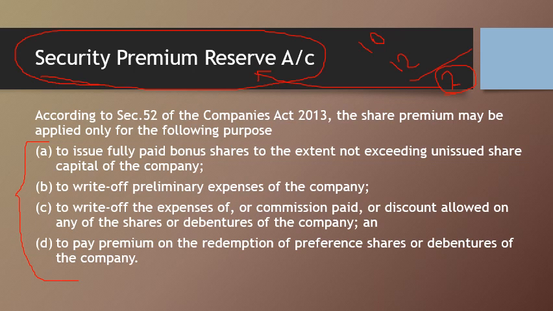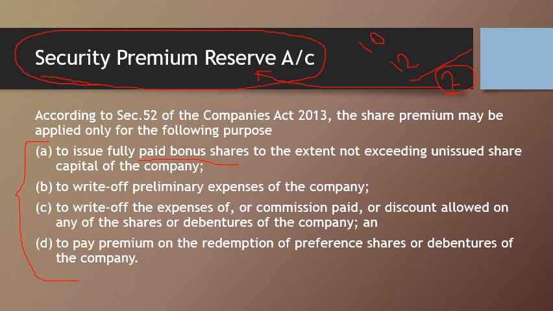First, to issue fully paid bonus shares to the extent not exceeding the unissued share capital of the company. Whenever the company issues bonus shares to its members, this premium amount can be utilized.